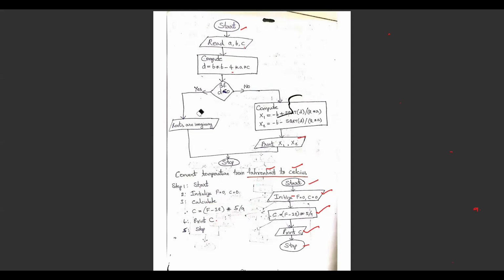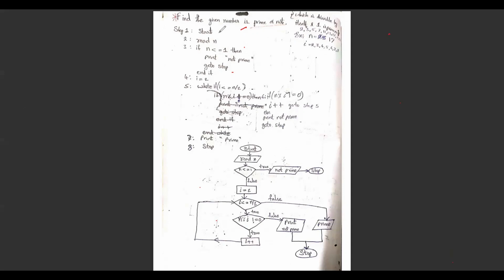Okay, now next we'll go with one more. Here, you're going to check whether your given number is prime or not. So how are you going to check it? First, you're going to start, then you're going to read n value, where if n value is less than or equals to 1, then you're going to print directly that it is not prime.